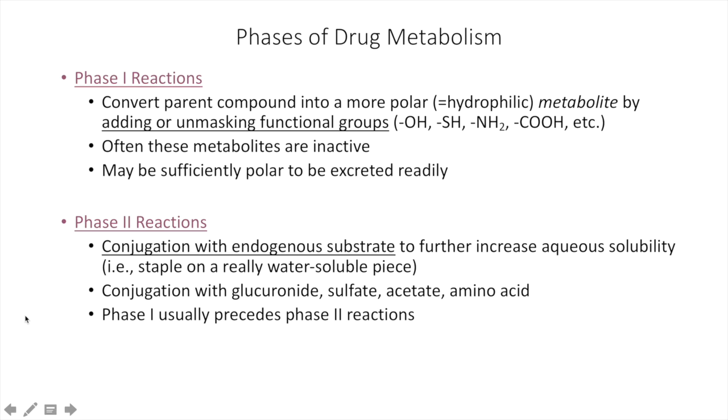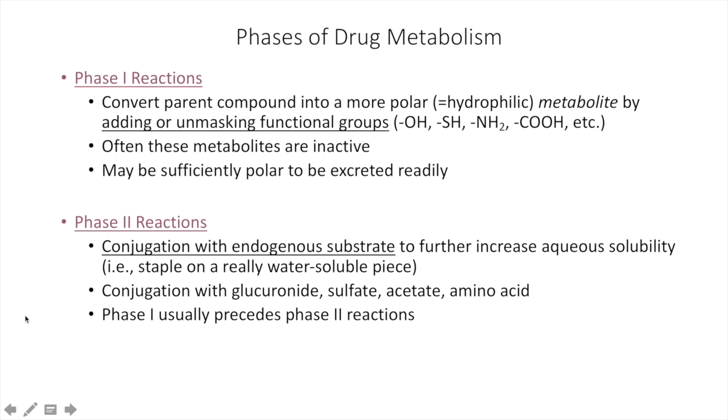A clearer way to say that is that we are going to staple on some piece that's very water soluble. So again, phase 1 may have made an OH group show up on our molecule. Phase 2 will take that OH group and turn it into a sulfate, or attach it to a sugar molecule, or attach it to something really water soluble so that it can be excreted earlier.